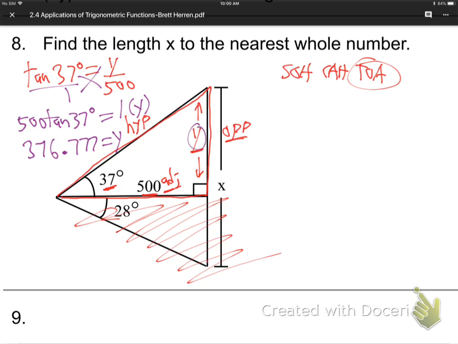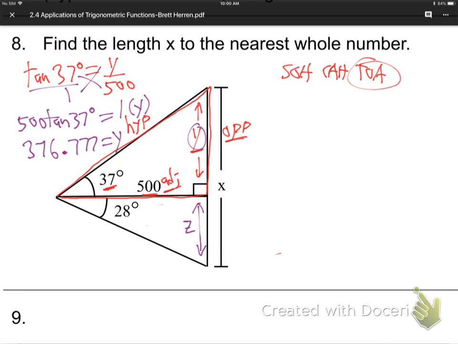Good so far? And now you probably know what I'm going to do. I'm going to come down here and try to find the other part. Call it Z or whatever you want to call it. Try to find that Z there, and do some trig relationship. See how the 500 is also the top of the bottom triangle, isn't it?